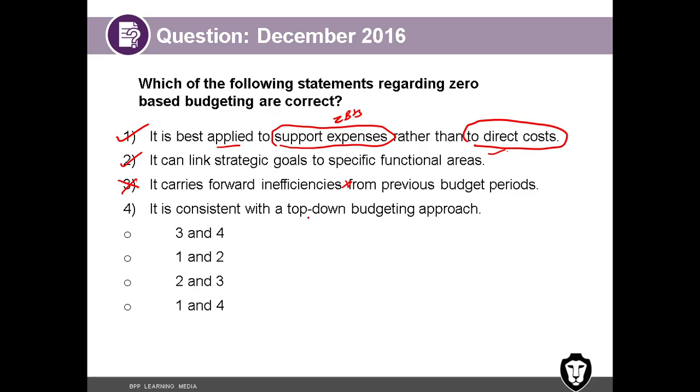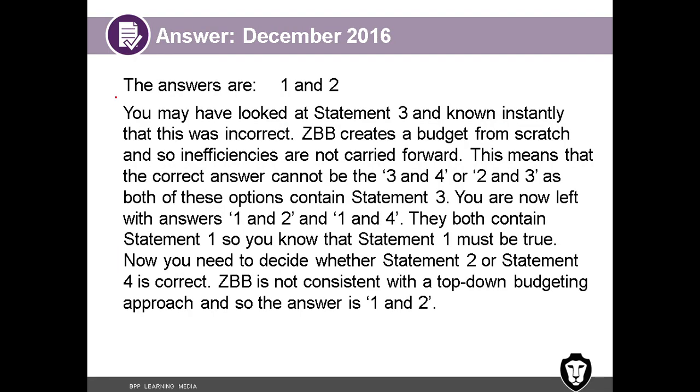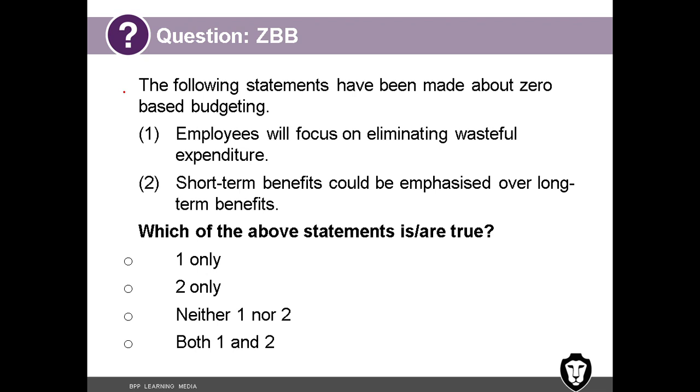No, it is more consistent with bottom-up budgeting, because the operational managers have to explain, they have to justify every item in the budget. The managers are involved, right? It is participative budgeting or bottom-up budgeting, not top-down budgeting. Wrong. So 1 and 2 are right. Yes, the answers are 1 and 2.